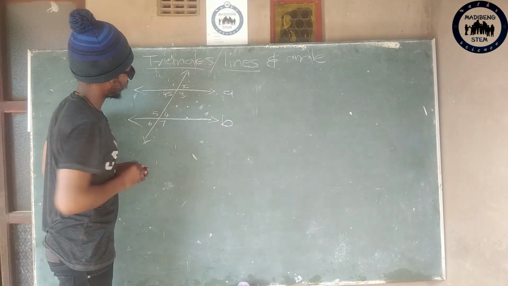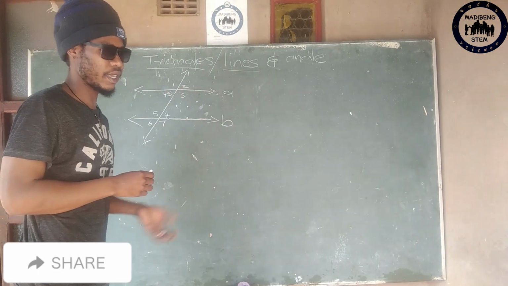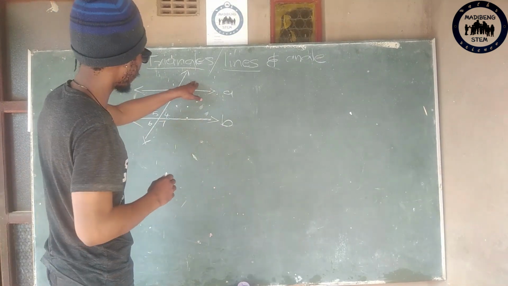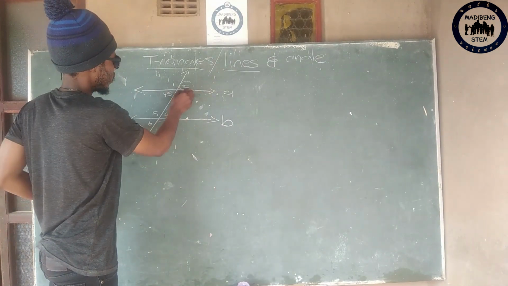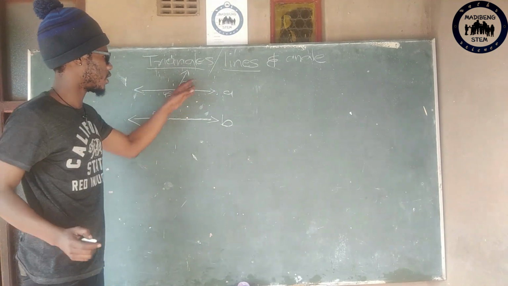Let me say here is 45. So they want to know what is X and what is 1, 2, 3, 4. For now, let's focus here. If this is 45, then what is X?